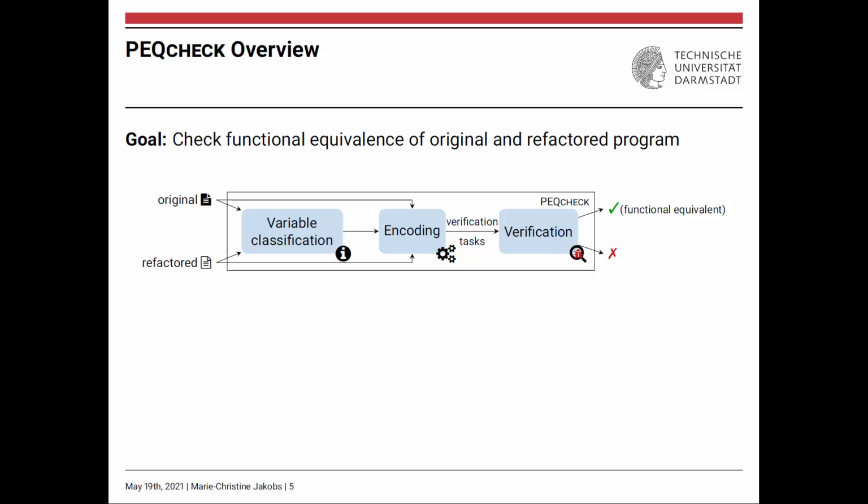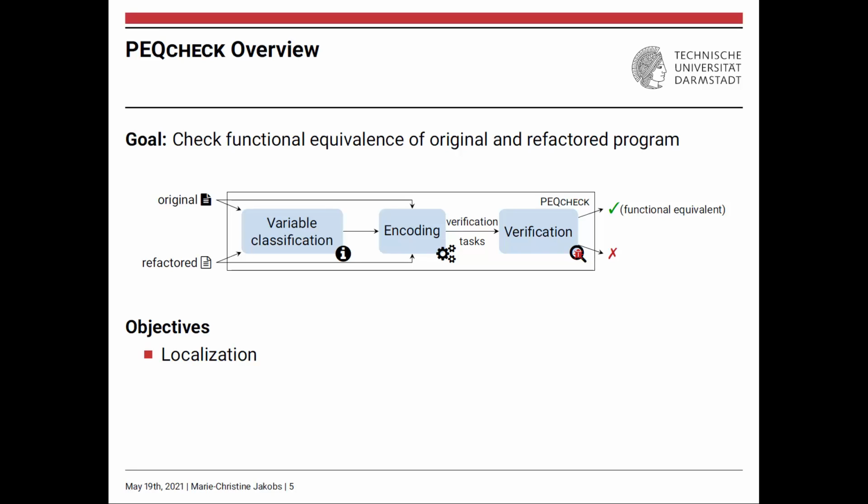After the variable classification, PEG-check uses this information during its translation of the equivalence problem into a verification task. And then in a last step, it can use a standard verification tool to verify the generated tasks.